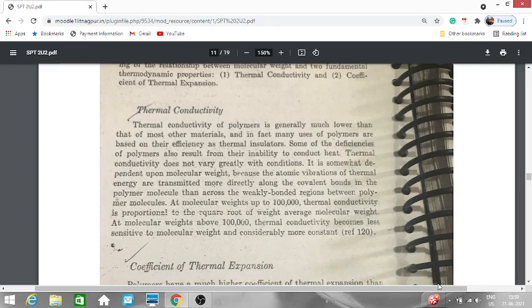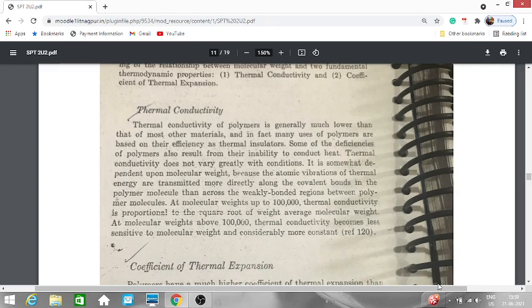It is somewhat dependent upon molecular weight because the atomic vibrations of thermal energy are transmitted more directly along the covalent bond in the polymer molecule than across the weakly bonded regions between the polymer molecules. At molecular weight up to 1 lakh, thermal conductivity is proportional to the square root of weight average molecular weight.